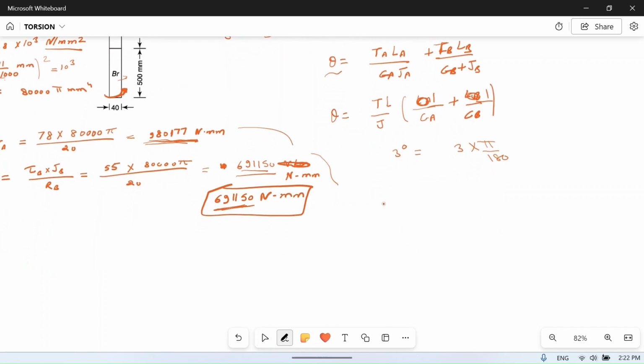So 3 into pi by 180 is equal to T into L, which is 500 mm, into J, which is 80,000 pi, as we calculated here, times 1 by GA, where GA is 28,000, plus 1 by GB, where GB is 34,000.